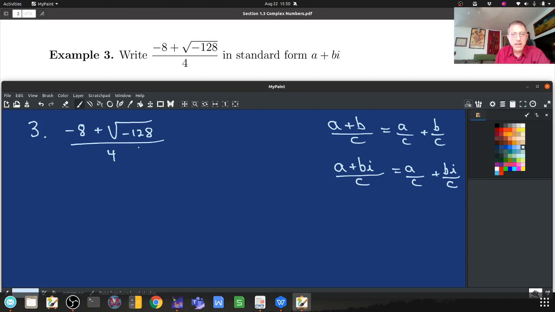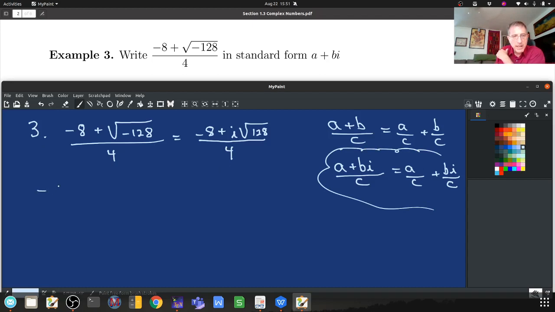The first thing I'm going to do is rewrite the numerator. That's minus 8, and using the very first rule, plus i times the square root of 128, divided by 4. And now I'm going to use this rule down here.